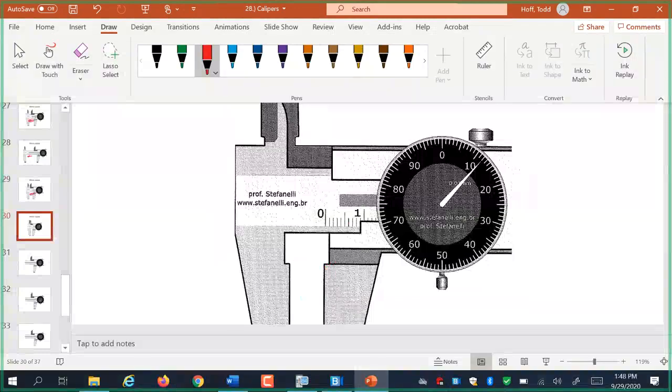Again, read this one in your notes. We'll go over it in a second. So we're right on the 9 there. The needle has just passed 0, which means we've actually just passed the 9. So that's 9 whole millimeters. And that's 12, so 9.12 millimeters.